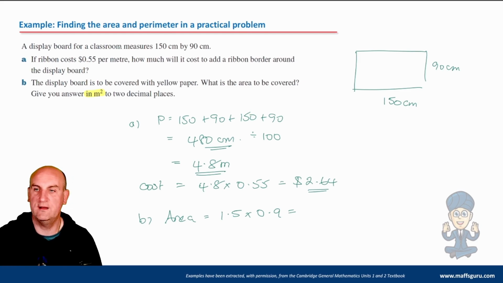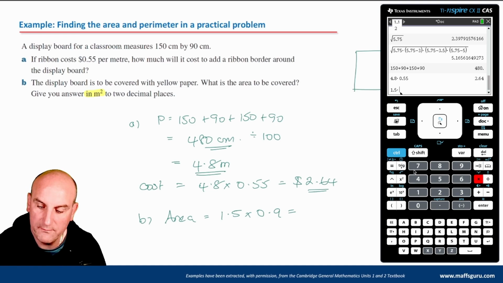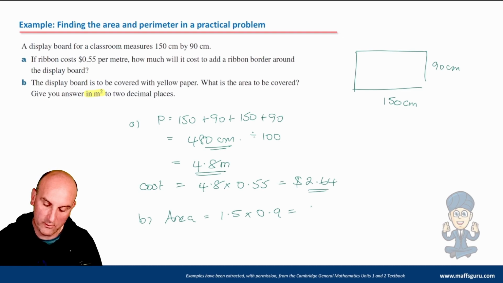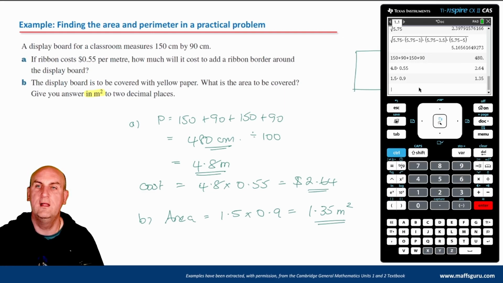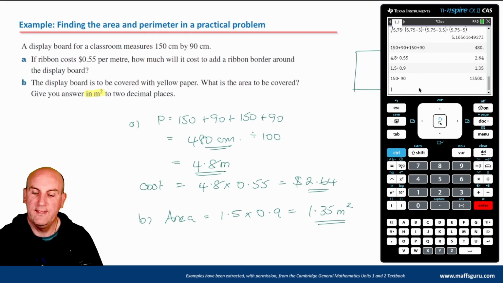And there we go. So if I now fire up my calculator and I do 1.5 times 0.9, that's going to give me 1.35. So 1.35 square meters. A lot of people do it the wrong way. They go, oh, that's okay, I'll do 150 times 90, and they get that. And then strangely or incorrectly, they divide it by 100.